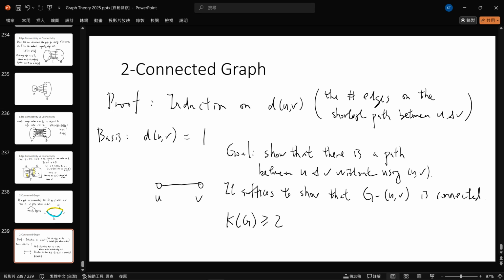Exactly, okay. So we've shown that the edge connectivity is an upper bound for the vertex connectivity. So if the vertex connectivity is at least 2, this implies that the edge connectivity is at least 2. In other words, if you only remove one edge, it is still connected.